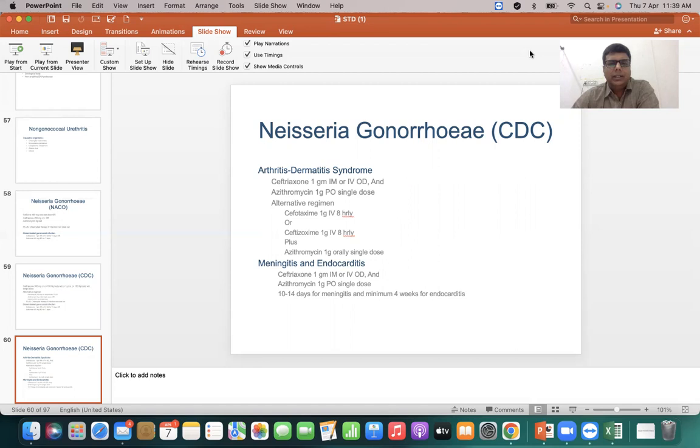Alternative regimens can be cefotaxime 1 gram IV 8 hourly or ceftriaxone 1 gram IV 8 hourly or erythromycin 1 gram orally single dose. The treatment of meningitis and endocarditis due to gonorrhea is ceftriaxone 1 gram IV or IM and erythromycin 1 gram per oral single dose.